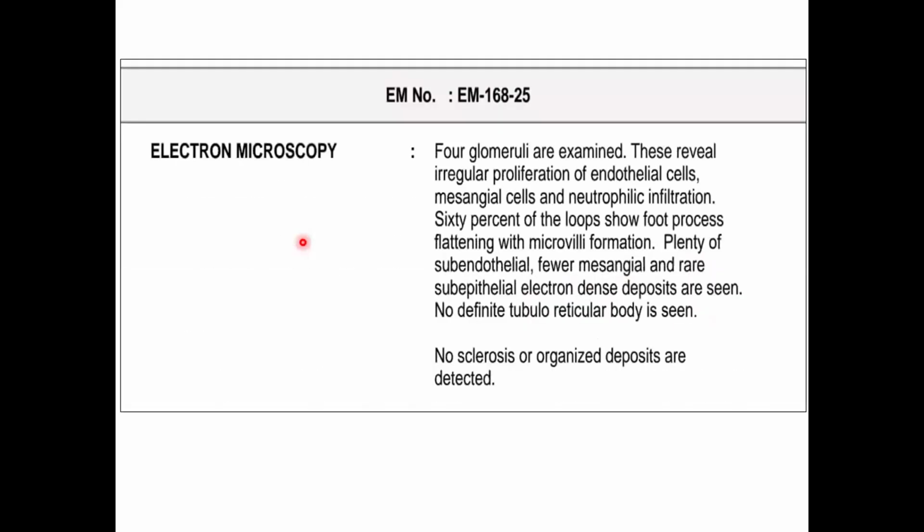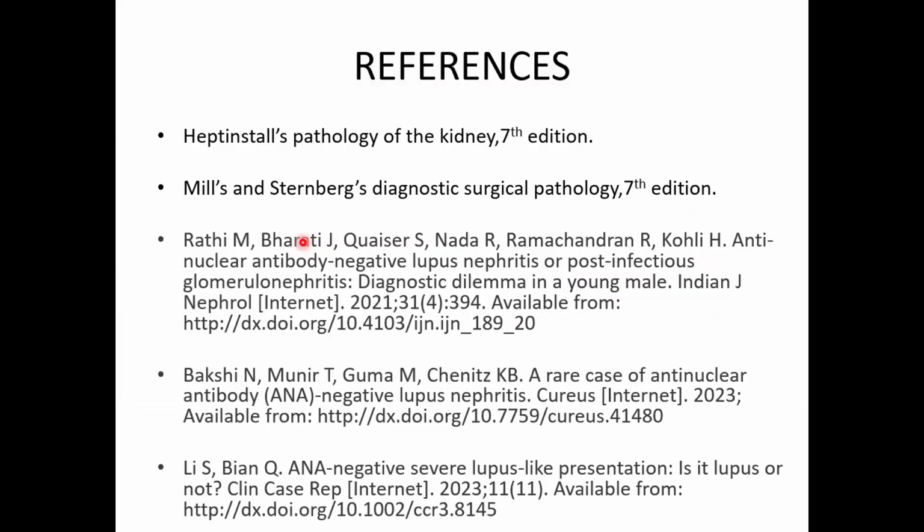So here the take-home message is that lupus nephritis can be diagnosed even if the ANA is negative, depending upon the SLICC criteria, and if the EULAR criteria is taken into consideration, then the entry criterion should be ANA positivity.